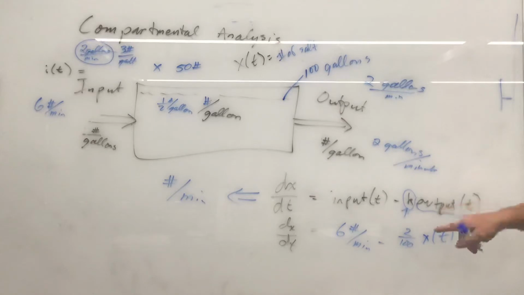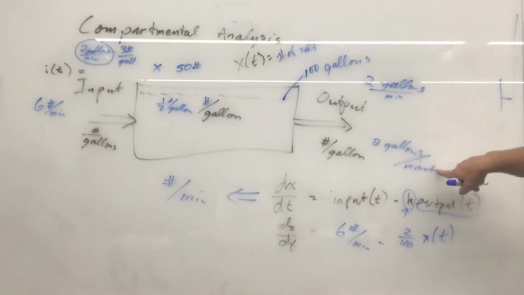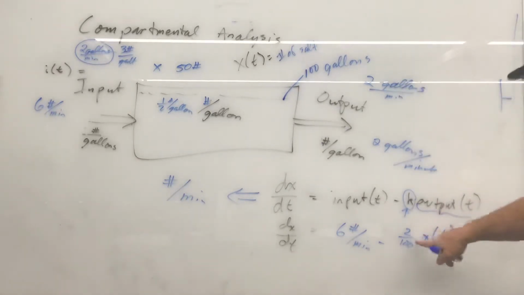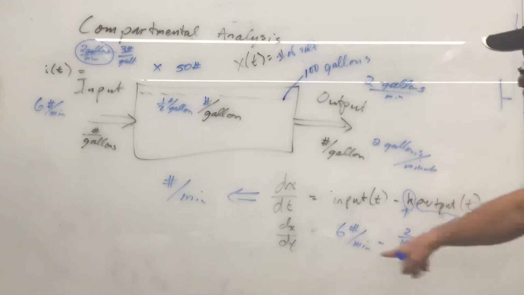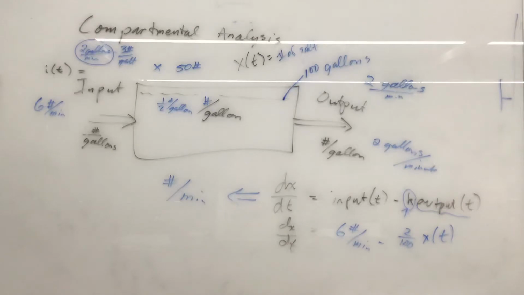Now, we have to be a little bit careful here because this 2/100, that is in gallons per minute. No, pounds per gallon, sorry. Pounds per gallon, okay? And in order to get units that are pounds per minute, we need to know how many gallons are going in per minute.